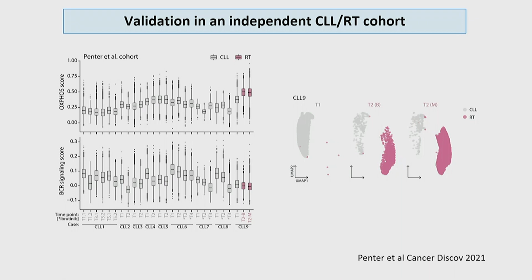And we also looked at whether we could detect the transcriptome of the Richter in this patient, and we did, in a case from another group. So I think this information is confirming our observation.